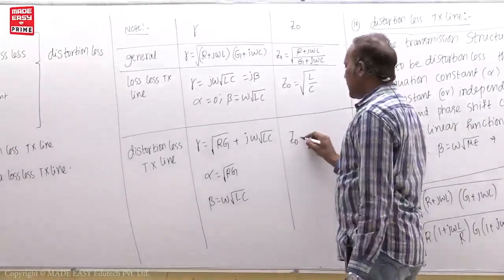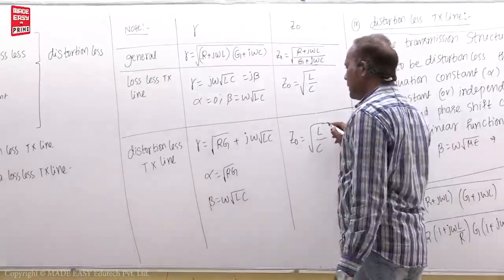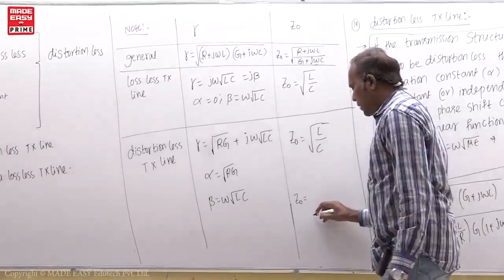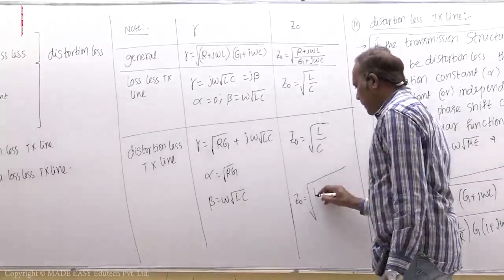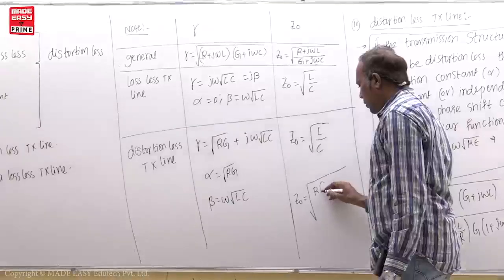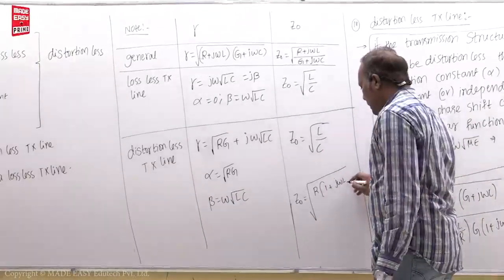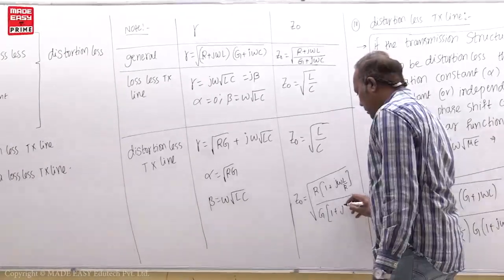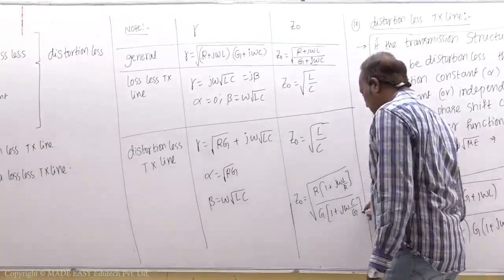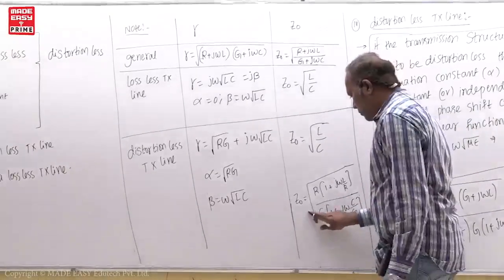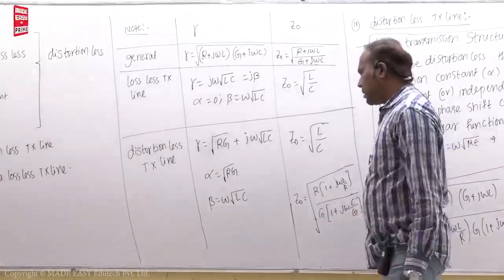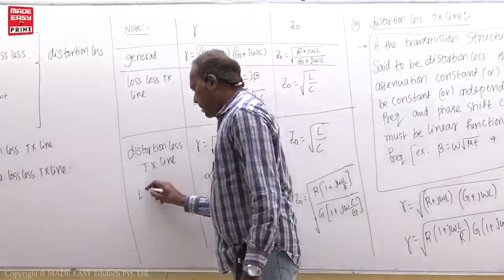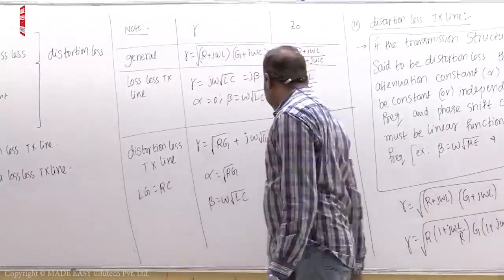Now once again, Z naught is equal to root L by C. If you want, you can see here Z naught is equal to root of R plus j omega L, where from R you pull out 1 plus j omega L by R, and from G you pull out 1 plus j omega C by G. Now, what is the distortionless condition, students? The distortionless condition is LG equals RC.